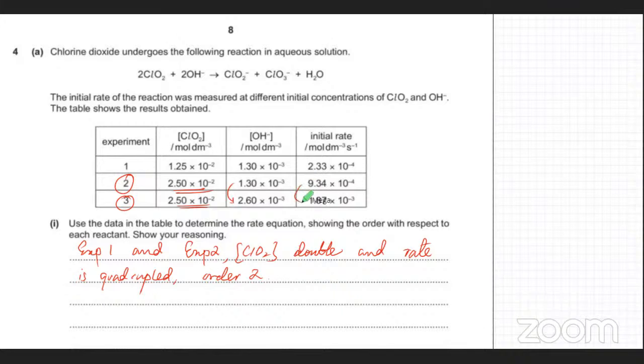What happens to the rate? It also doubles. And how do you figure out the factor? It's this number divided by this number, right? Is that clear? Yes. So it's going to be a linear relationship. The first one was order 2, and this one is order 1. Is that clear?